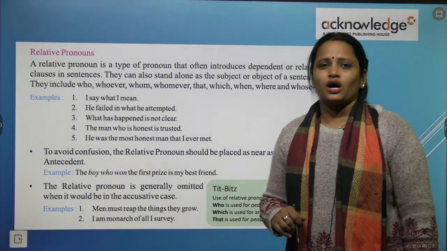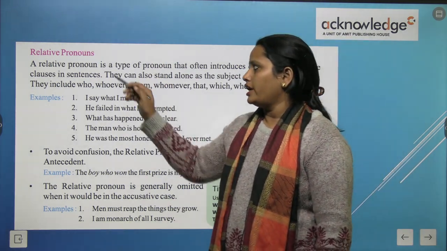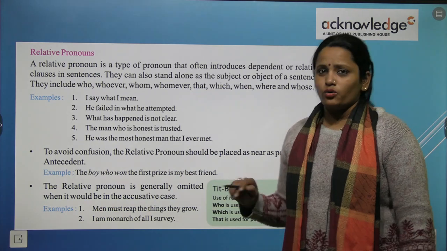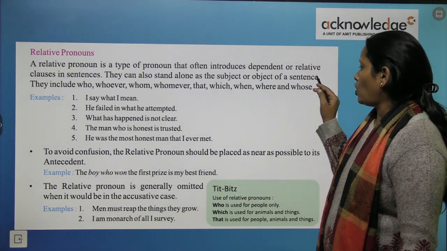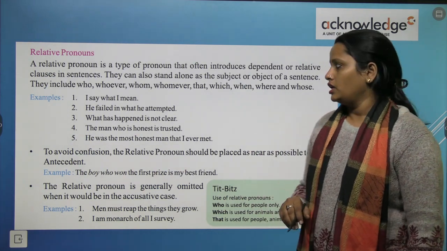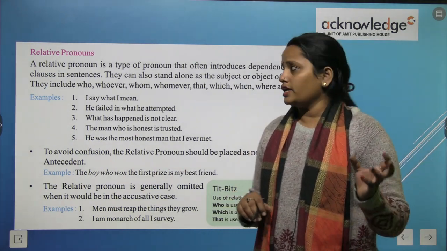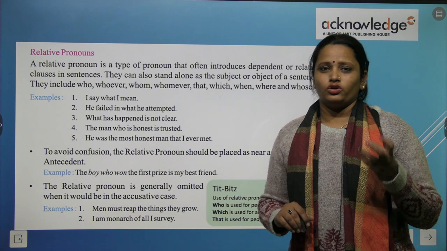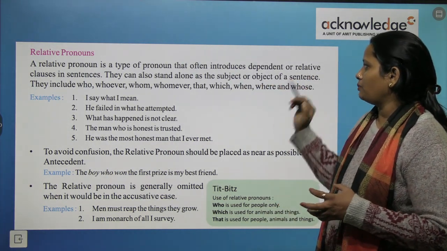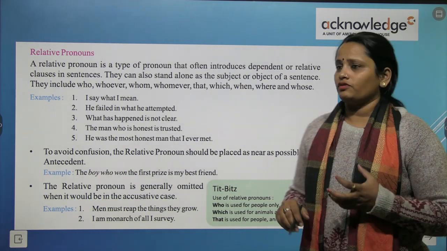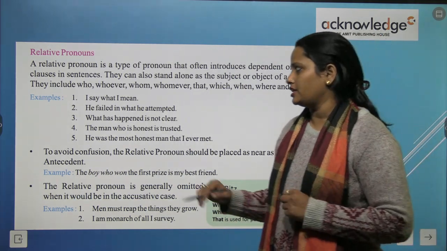Now next pronoun is relative pronouns. A relative pronoun is a type of pronoun that often introduces dependent or relative clauses in sentences. So relative pronoun वो टाइप है pronoun के जो क्या करते हैं अपने इंट्रोड्यूस करते हैं डिपेंडेंट या फिर रिलेटिव क्लॉजेस को किसी भी सेंटेंसेस में.